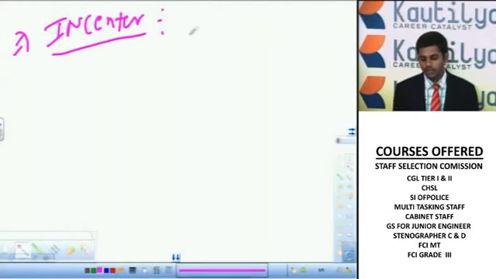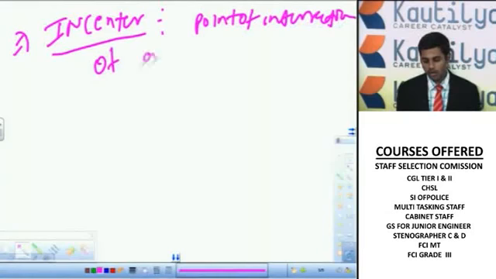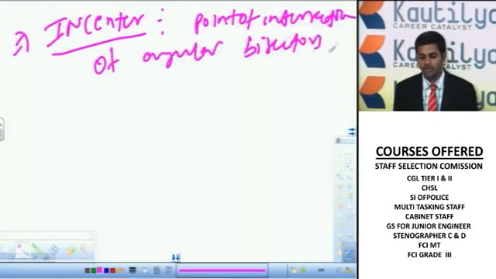So what is basically incenter? Incenter is nothing but the point of intersection of angular bisectors to the angle. That is, the point of intersection of angular bisectors is nothing but incenter.